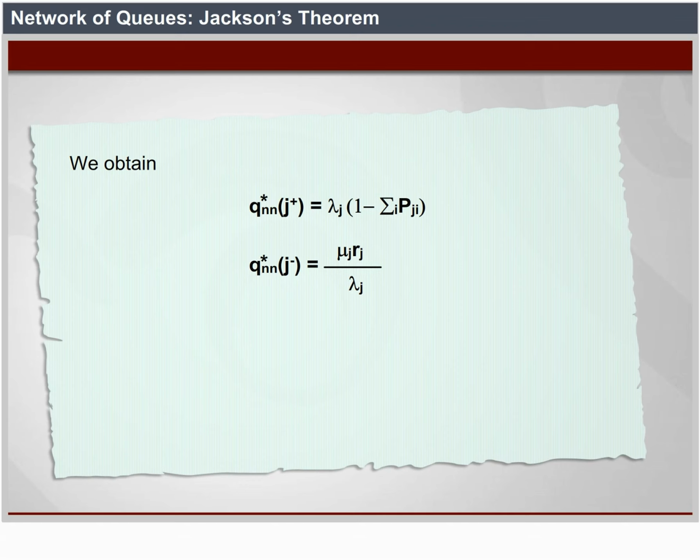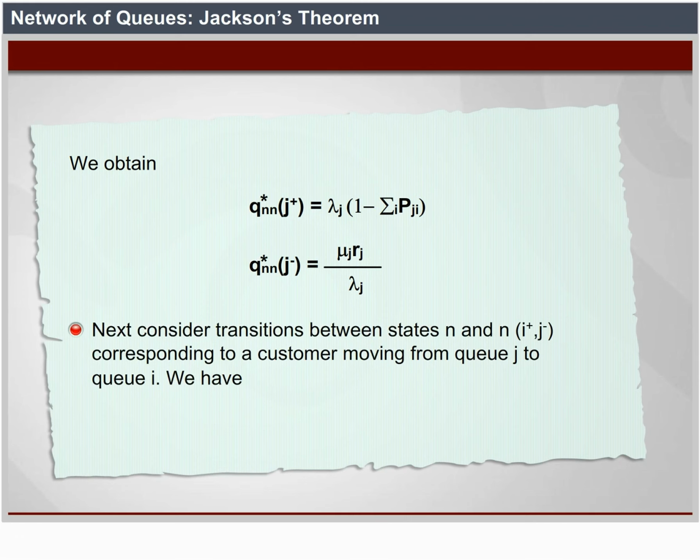Next, consider transitions between states n and ni plus j minus, corresponding to a customer moving from qj to qi. We have q nni plus j minus is equal to mu j into pji.